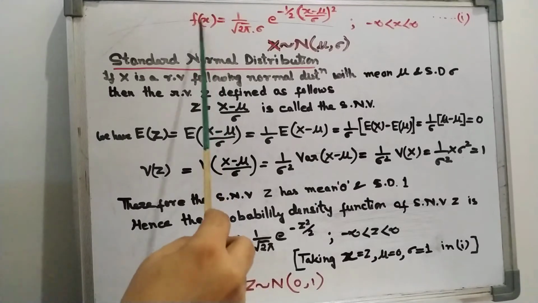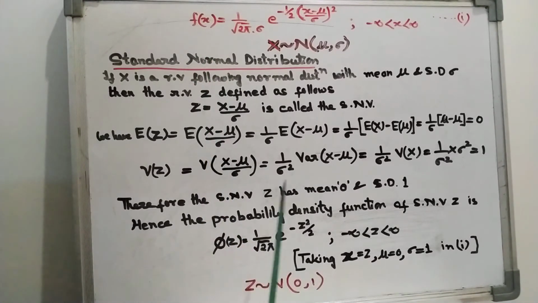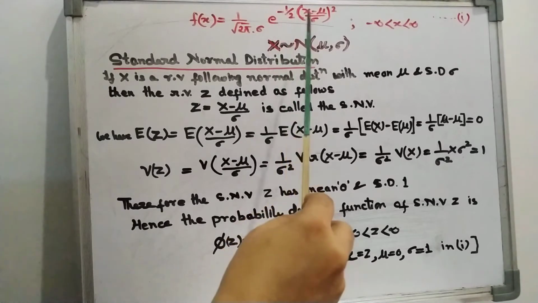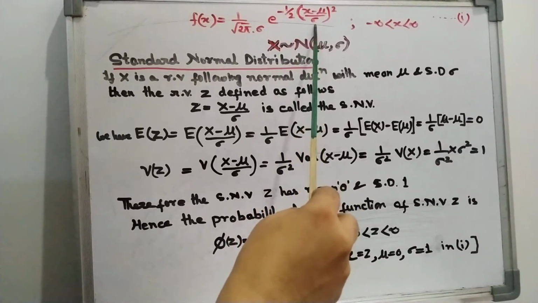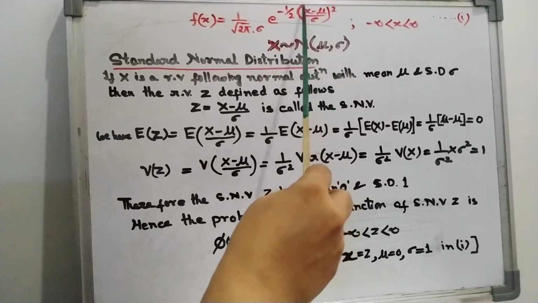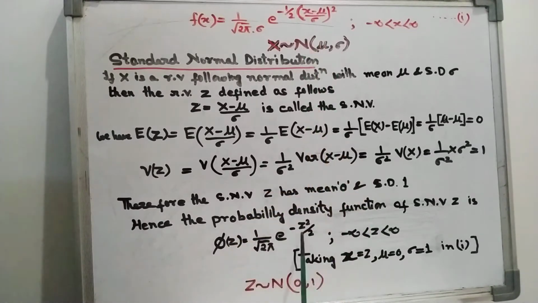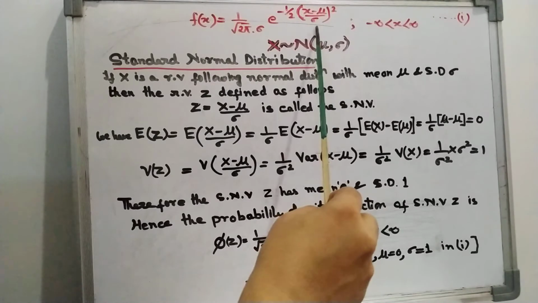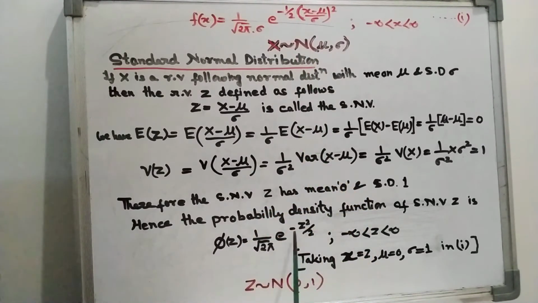In place of f(x) we write phi(z), and it is 1 by root of 2 pi, in place of sigma we write 1, e raised to the power minus half, (x minus mu divided by sigma) whole square. This part becomes z, so it is z square divided by 2, so it is minus z square by 2.